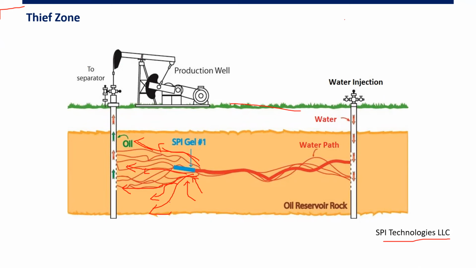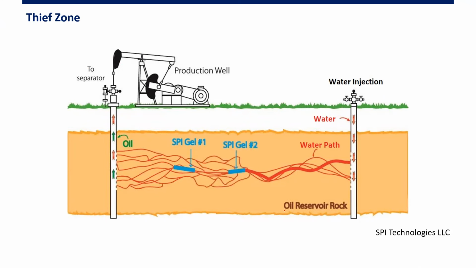But the process doesn't stop there. We have the second gel plug and the function is the same. Now it solidifies faster compared to gel one. So it will stop somewhere here. And again, it will divert and redirect the water flow. So now the water will flow through this small channel, there, here, there, and everywhere.